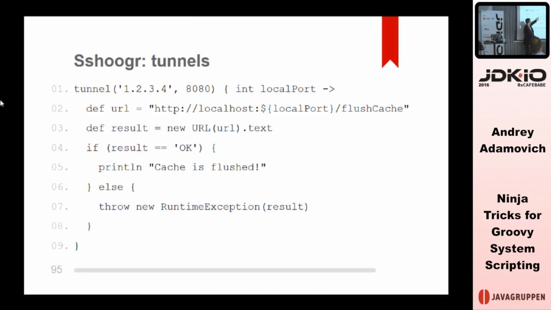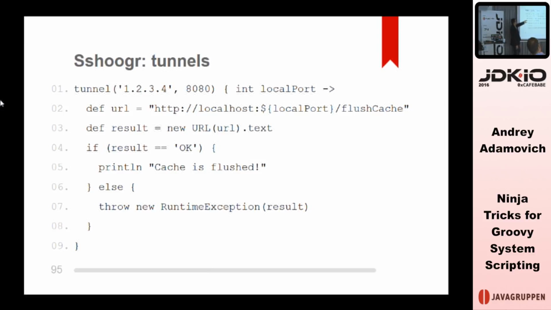Now we can connect to localhost using that local port, but it will go over the SSH tunnel to the remote machine. This could sometimes be very handy, especially if you deploy to production, for example. If you need to do some production cache flushing, and the only way to access production is through a jump server, this could be a way to implement that.